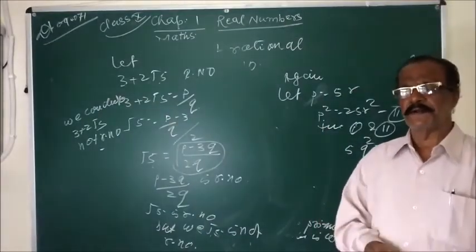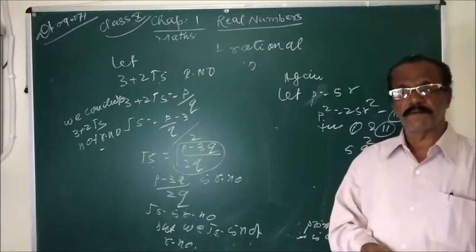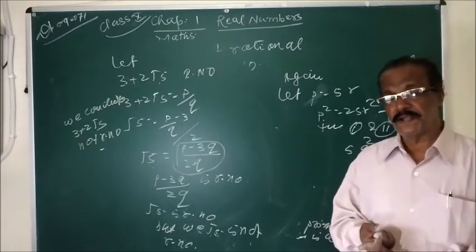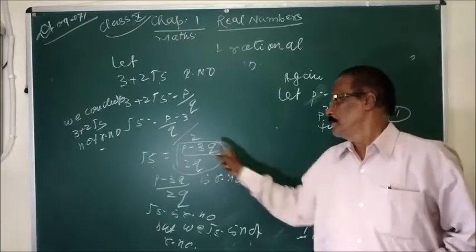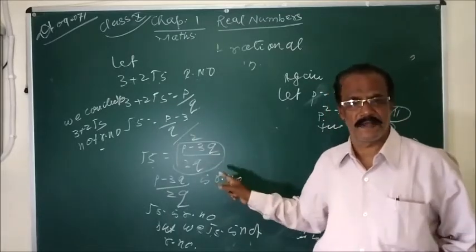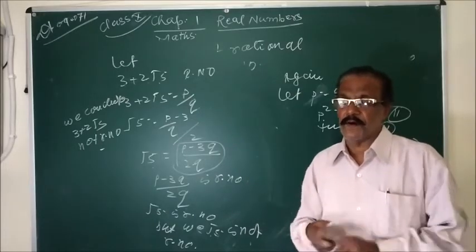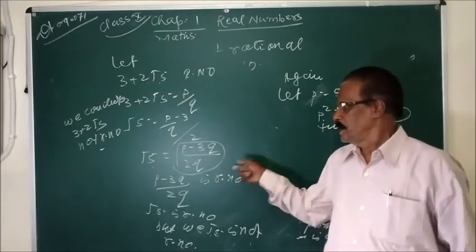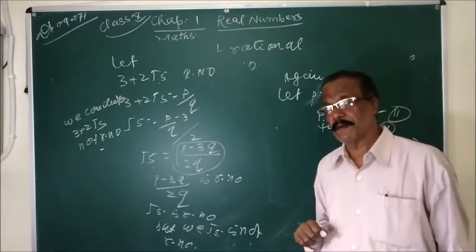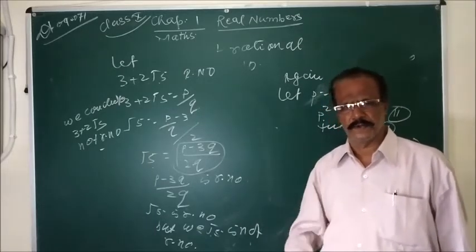The difference of integers and the quotient of integers are rational numbers, so this is a rational number. But root 5 is also a rational number according to this process. But it is a contradiction because we know root 5 is not a rational number. And that's all. This is the solution.